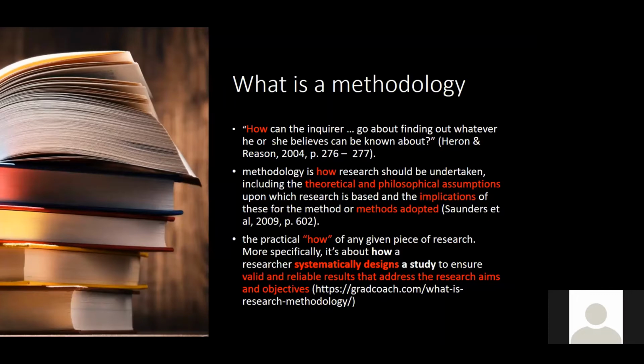So thinking about what sort of steps need to be taken in order to give you the most thorough answer to the research question that you can offer, given you may only have access to a certain amount of people or a certain amount of population or a particular text or areas.